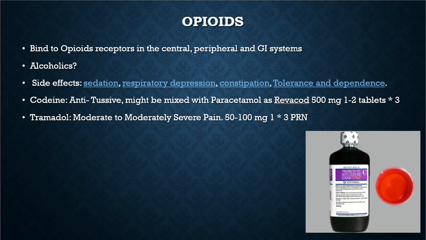It can be mixed with paracetamol as Revacot, 500 milligrams, 1 to 2 tablets by 3, and this is important. It's a very good analgesic. And tramadol for severe pain, 50 to 100 milligrams, 1 by 3 PRN, meaning pro re nata, but up to 3 pills per day.